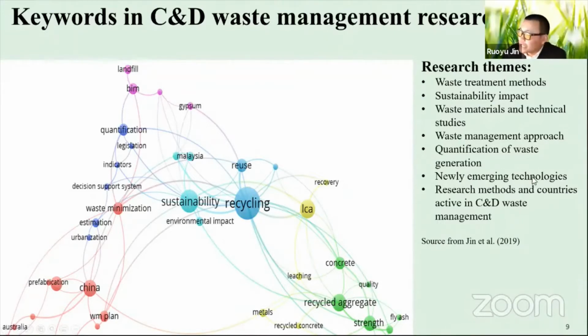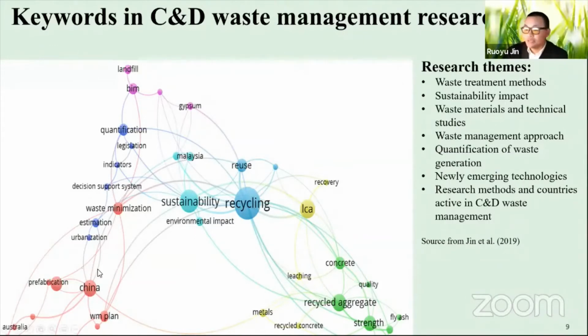And also the emerging technologies, which I am going to cover later on today. We can see it's not only about building information modeling, but also other emerging digital technologies like data analytics, GIS, which is Geographic Information System, and a variety of other digital tools, which could be integrated to form a system to allow more holistic decision-making, and how the digital technologies could assist in the traditional construction and demolition waste management.